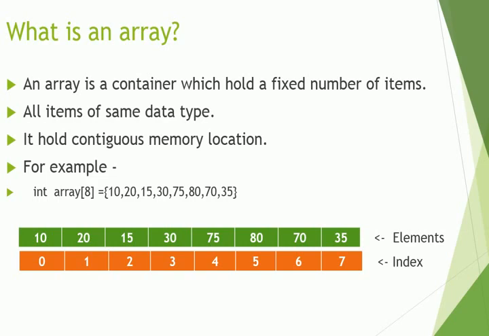Here our size is 8, so it will go up to 7. At position 0 is 10, at 1 is 20, at position 2 is 15. These are the indexes 0, 1, 2, 3, 4 and so on up to 7.